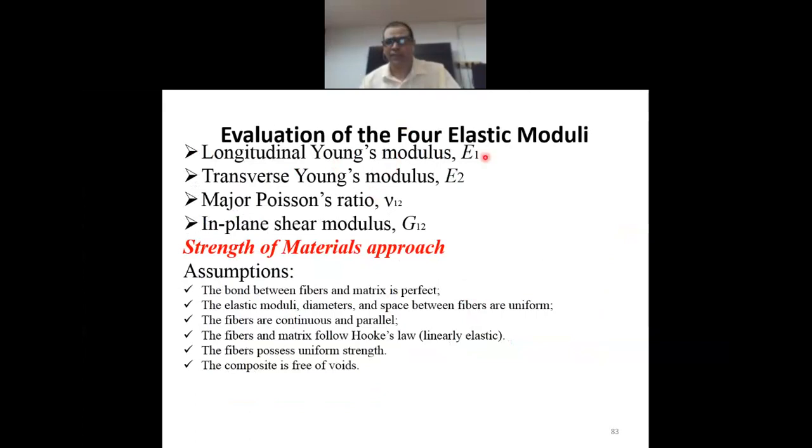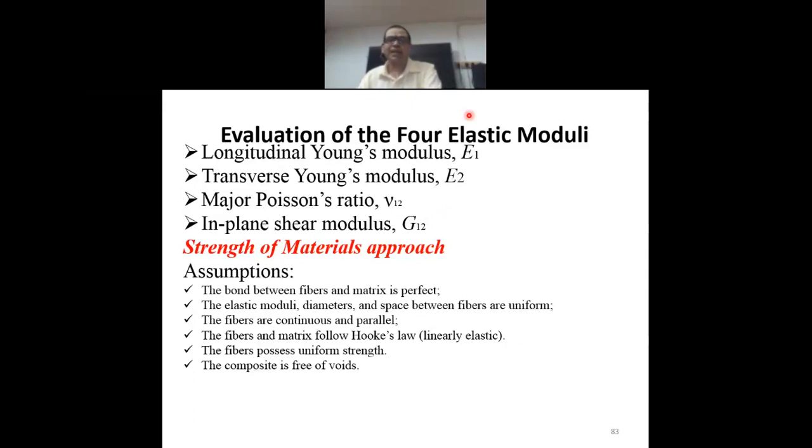Here we have to find out longitudinal Young's modulus E1, transverse Young's modulus E2, Poisson's ratio nu12, and in-plane shear modulus G12. This is for two-dimensional composite structures, right? If it is 3D, then we have to find out 9 material properties, right?